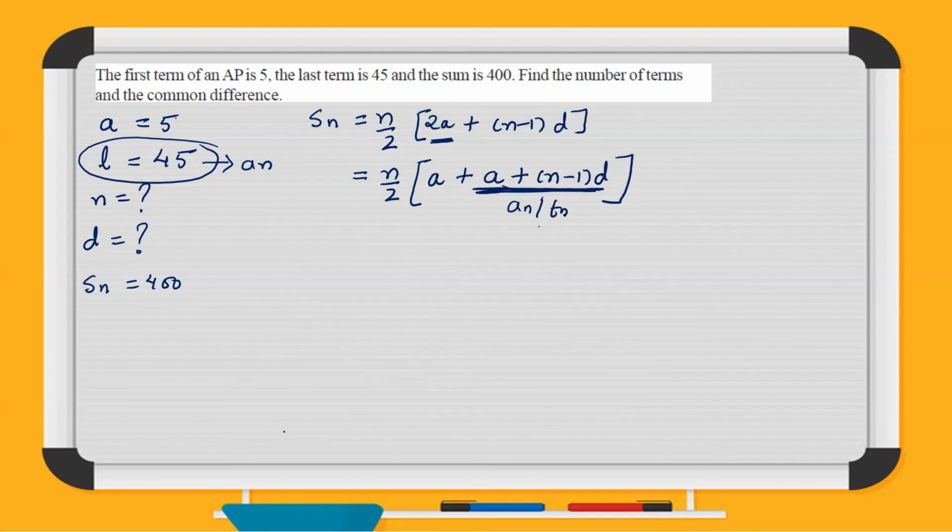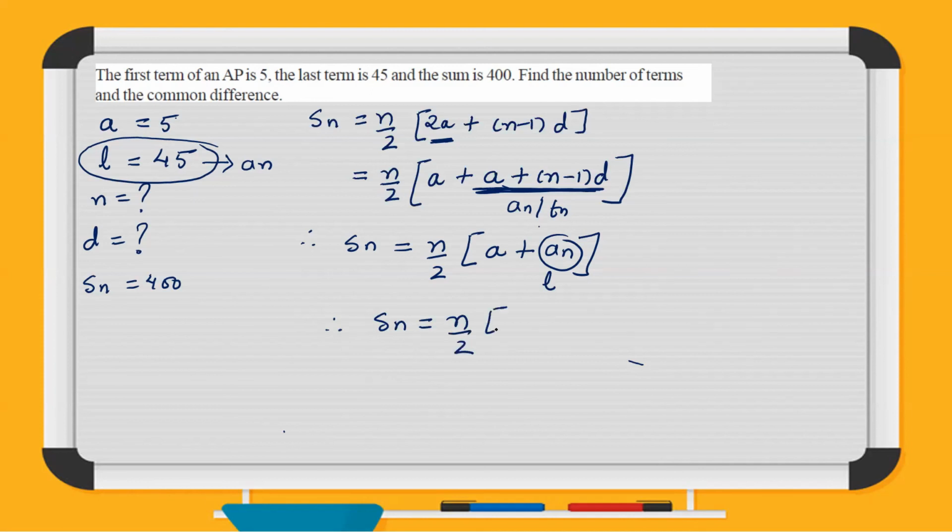So we can take this as l. So the simpler formula when the last term is given is Sn is equal to n by 2 into a plus an. Now this an is your last term l. So Sn is equal to n by 2 into a plus l. Very, very important formula when the last term is given.